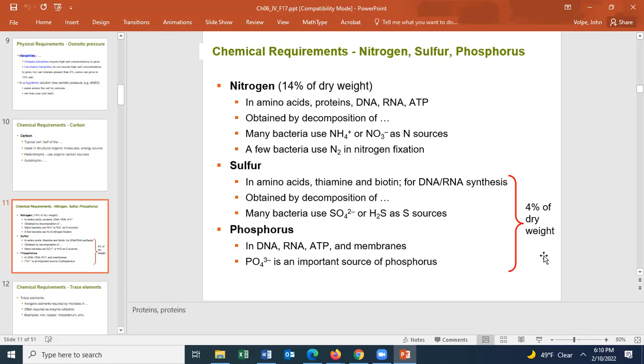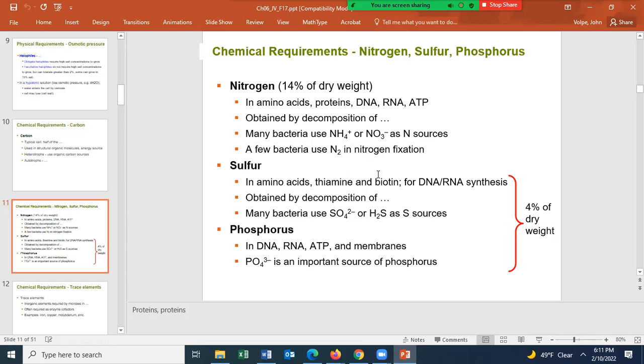Many bacteria can use ammonia or ammonium to obtain their nitrogen. Some bacteria can use nitrate as a nitrogen source. A few bacteria can even use nitrogen gas in the atmosphere, and they fix nitrogen. They pull the nitrogen out of the atmosphere, fixing it so that other organisms can use that nitrogen.